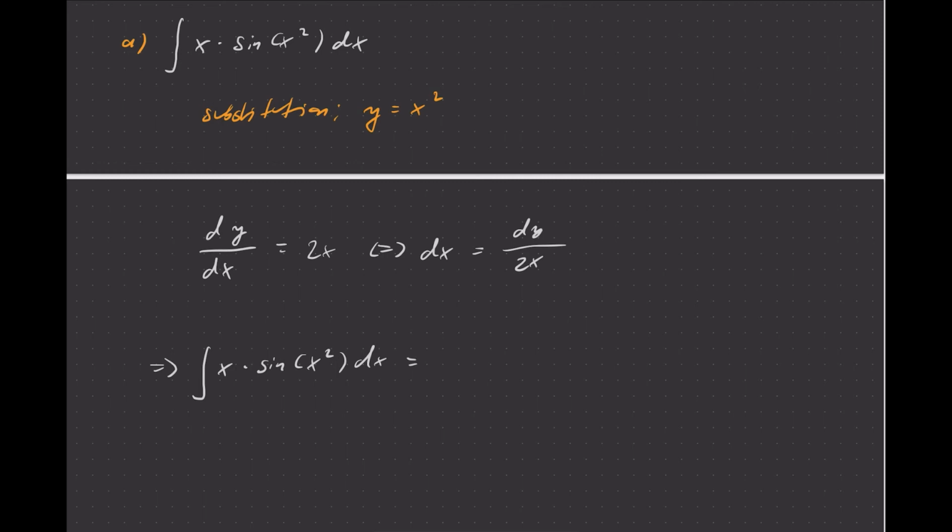First, of course, we use our substitution here. So that is x times, we'll just copy the x for a moment, and then we have sine of y instead of x squared. So this is this solve for x thing that we did in the formal review here. And then we add times dy over 2x. Yeah, so we replace dx by this expression.